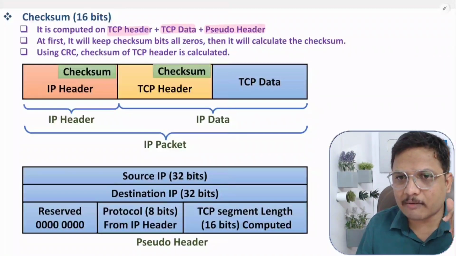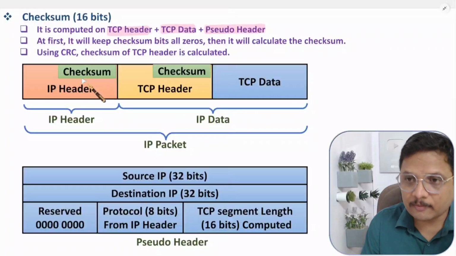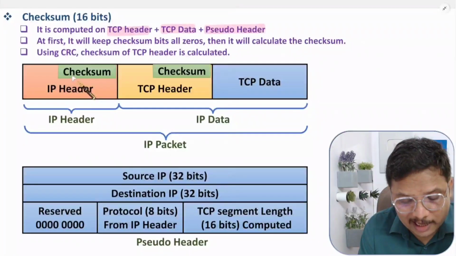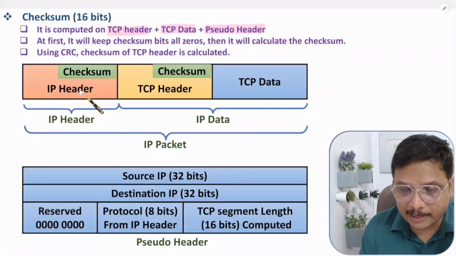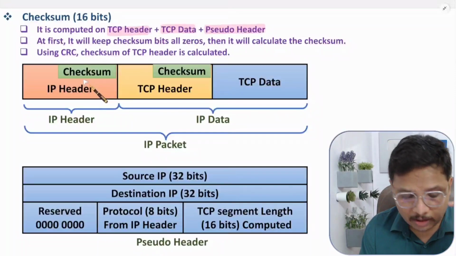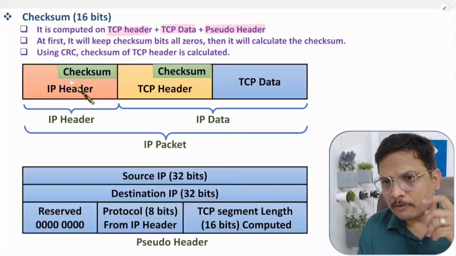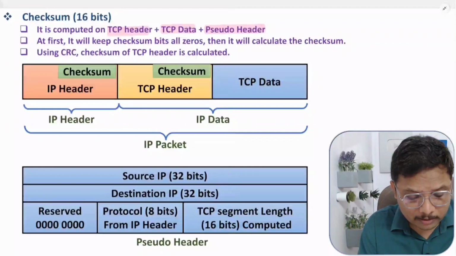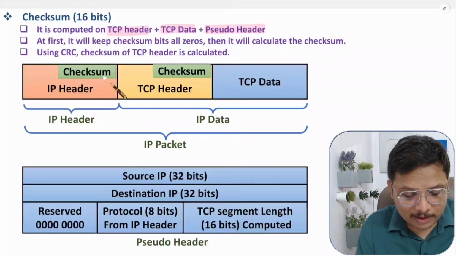Now there can be a question like, why should we calculate the checksum 2 times? If you have observed IPv4, in IPv4 we already had a checksum inside the IP header. If you have seen that checksum calculation, then you will have an idea that the checksum of the IP header was based on the IP header only.